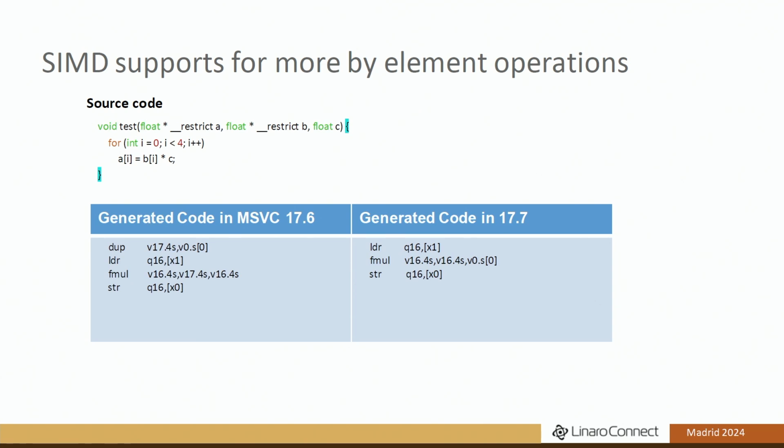That is the second instruction on the right-hand side. For this particular case, we also get better code size, and we completely eliminate the dup instruction, which generally takes about 2 cycles to run on the newest systems.